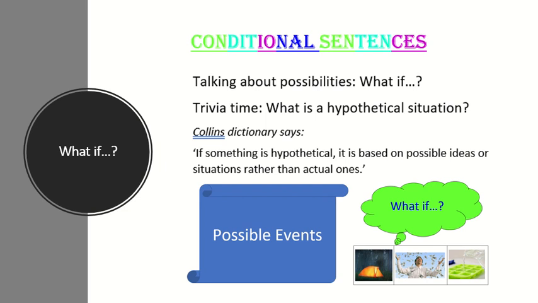Collins' dictionary says, if something is hypothetical, it is based on possible ideas or situations rather than actual ones. In other words, it's possible events. It's asking the question, what if? What if it rains? What if I win the lotto? What if I put water in the freezer?